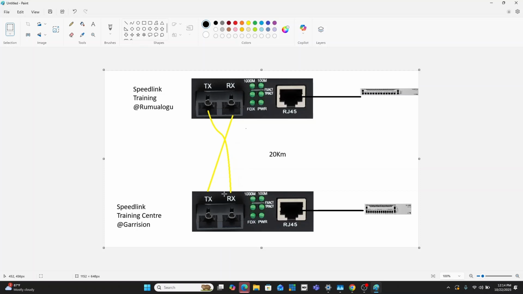RX. And this TX from this side must go to where? RX. If for any reason somebody swaps it and TX now is not going to RX, would the link come up? No. Simple.